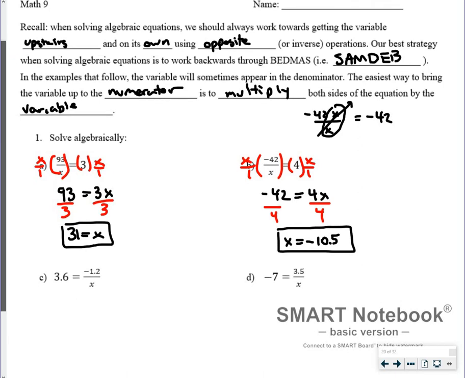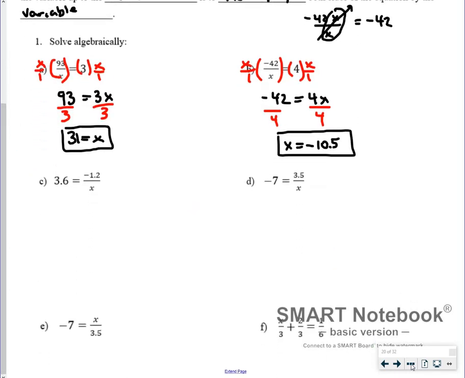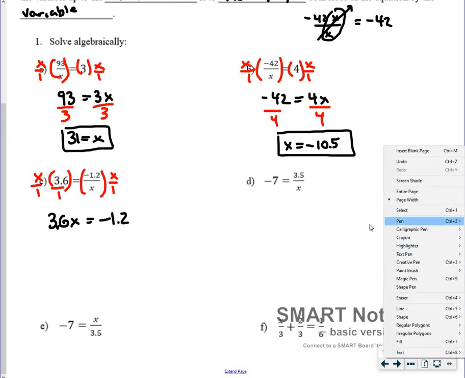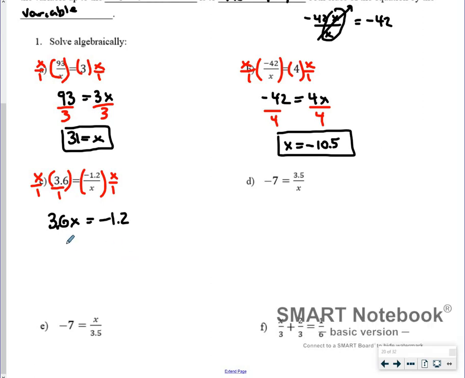All right, the next two are fairly similar. Again, we've got the variable in the denominator. We need to bring it into the numerator and then eventually get it on its own. So 3.6 over 1 is the same as 3.6. So next we get 3.6x equals negative 1.2. And 3.6 times x, we've got to get rid of this 3.6.